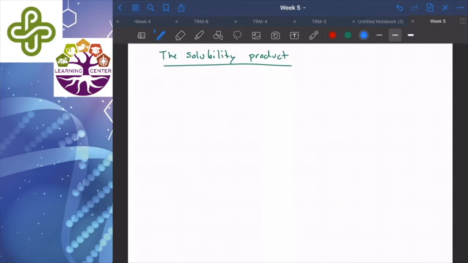So let's start out by saying the solubility of a substance can vary from essentially zero, and this is for things that are completely insoluble or just barely soluble, to infinity.